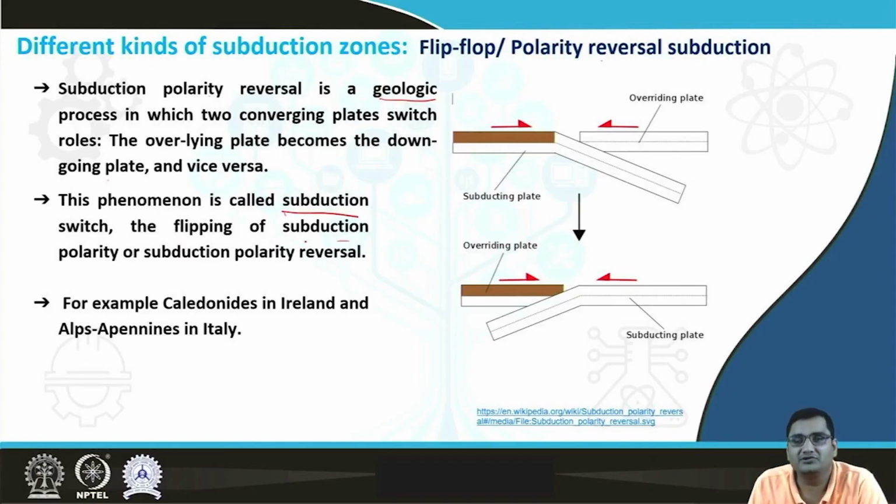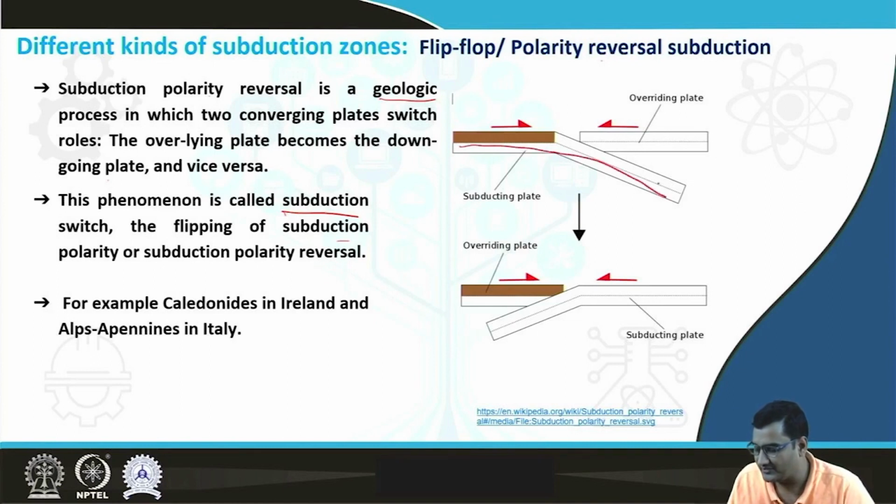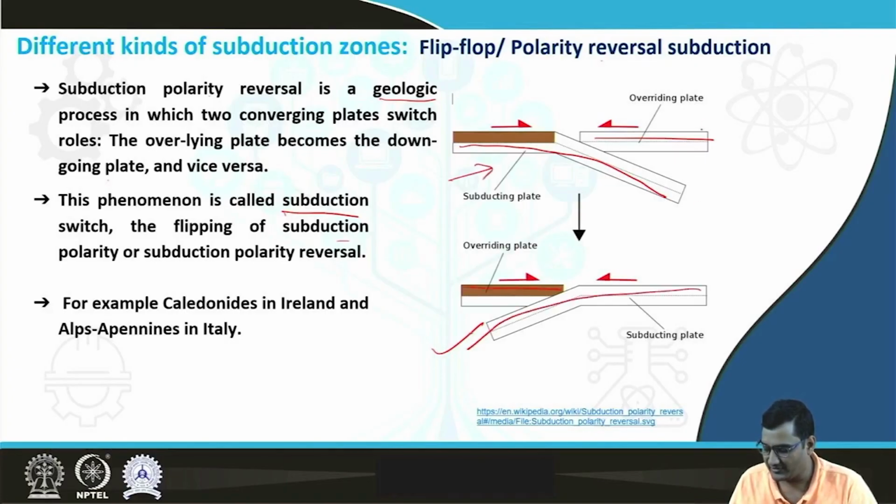You can see here there is this plate which is subducting down underneath the overlying plate, and in the other picture the subducting plate from the previous figure becomes the overlying plate, and this one is now subducting down.